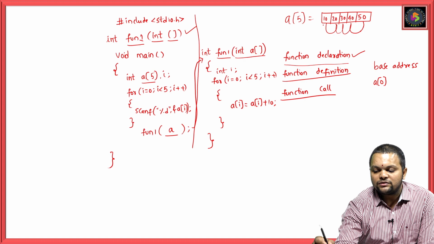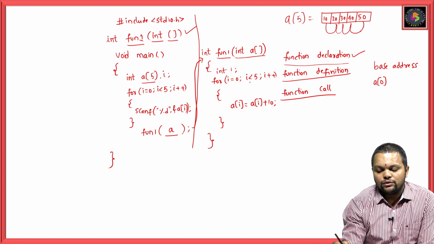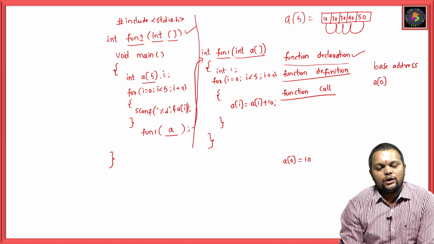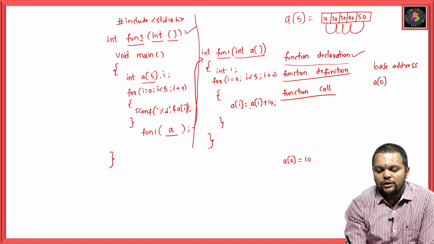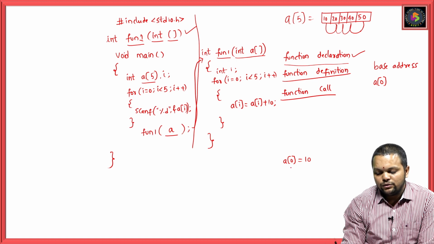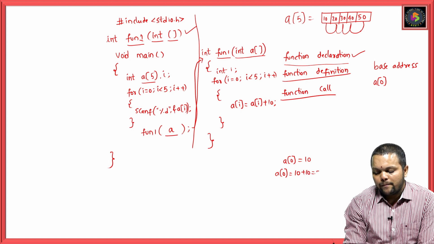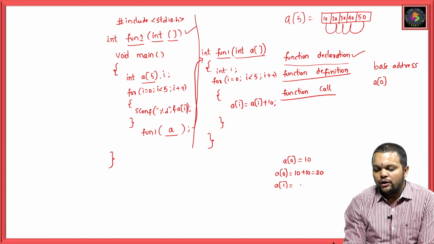In this we have 5 values, 10, 20, 30, 40, 50. i equal to 0 means it is nothing but a of 0. A of 0 will hold a value of 10. So, what I am doing? A of 0 equal to a of 0 plus 10, so a of 0 equal to 10 plus 10. The answer will be 20. In the next iteration, a of 1 equal to a of 1 plus 10.